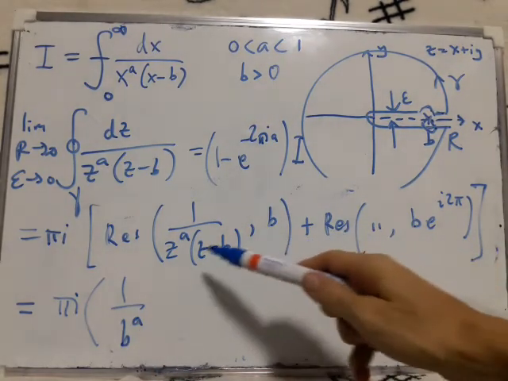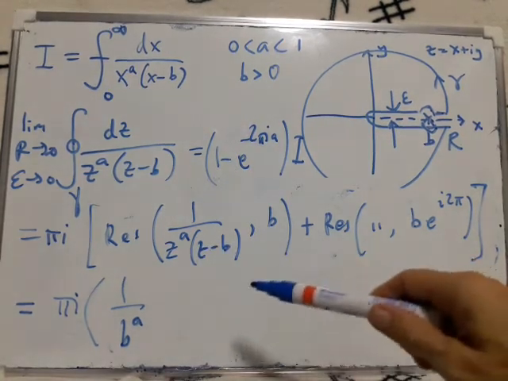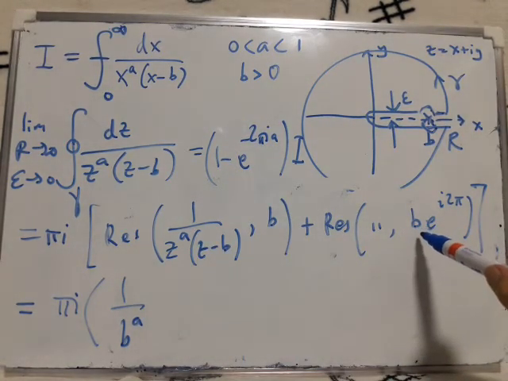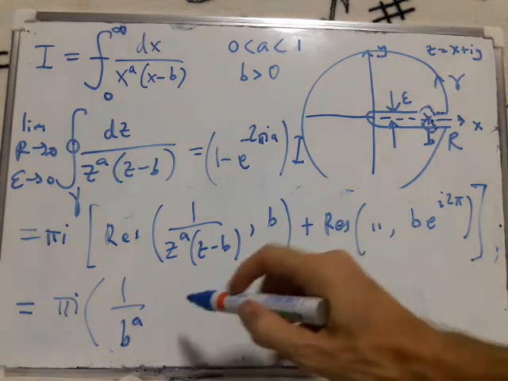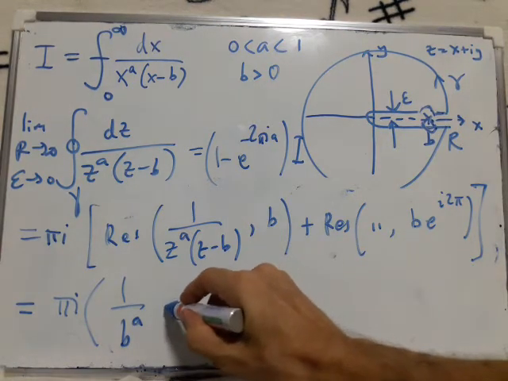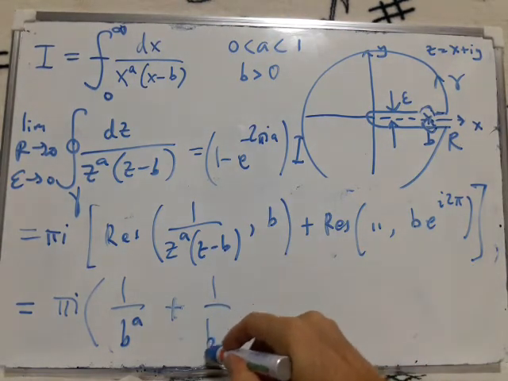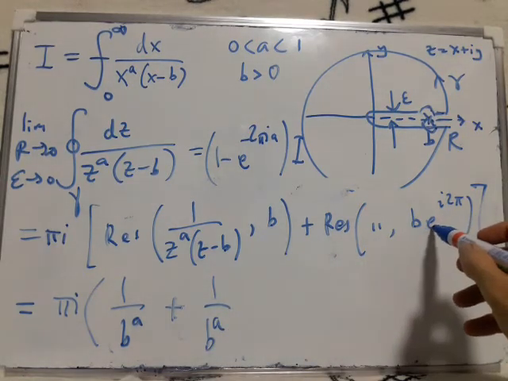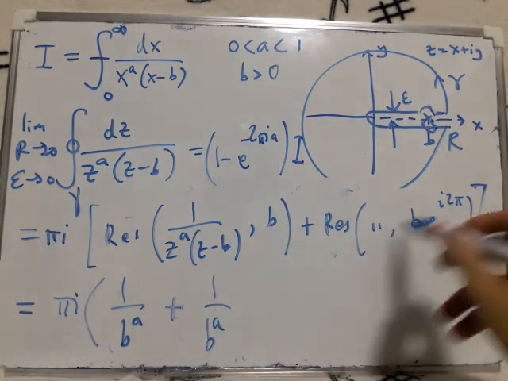But when we do the same thing here, we'll end up with b to the a, but also multiplied by, on the bottom, e to the i 2 pi a.